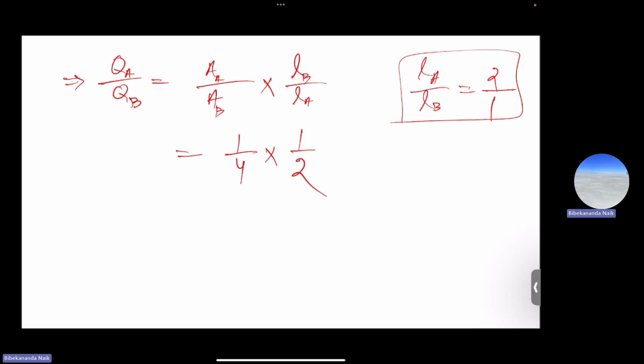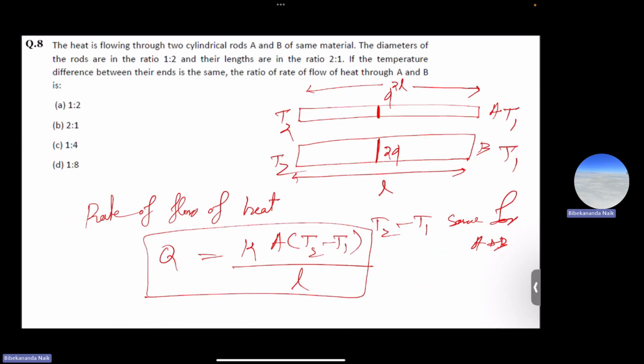So LB by LA will be 1 by 2. So it will be 1 by 8. So QA is to QB is equal to 1 is to 8. So the correct option is option D.